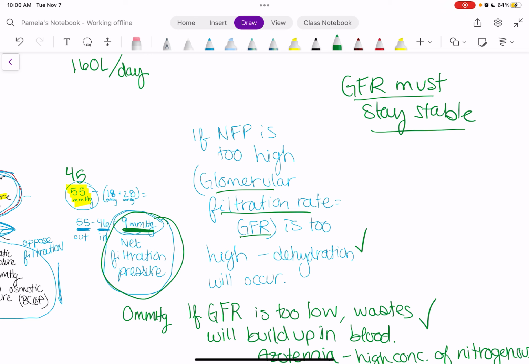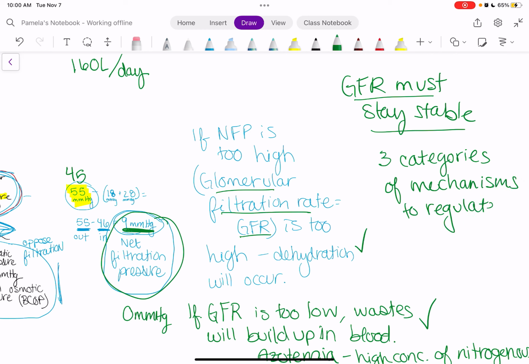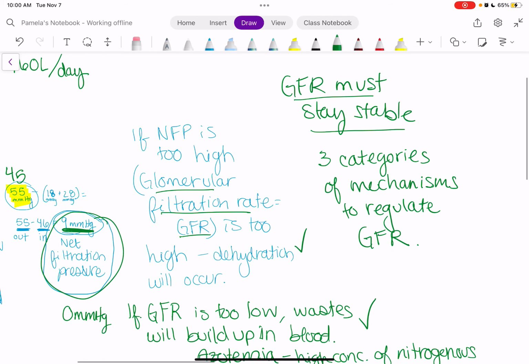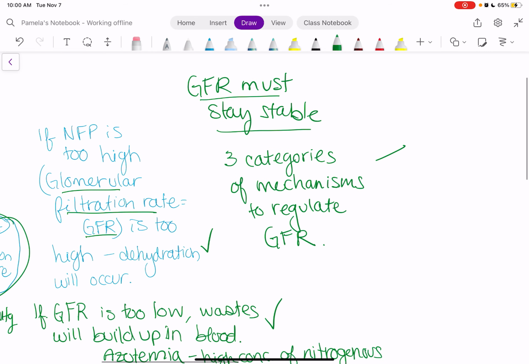To do this, we have 3 categories of mechanisms to regulate GFR. We have where the kidneys regulate themselves, renal autoregulation.